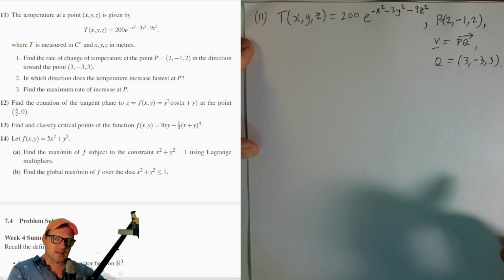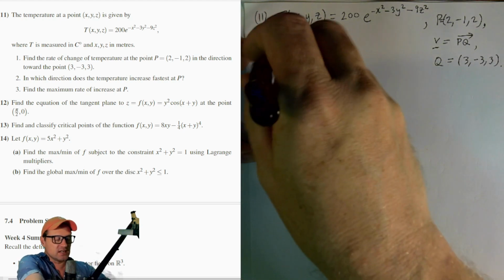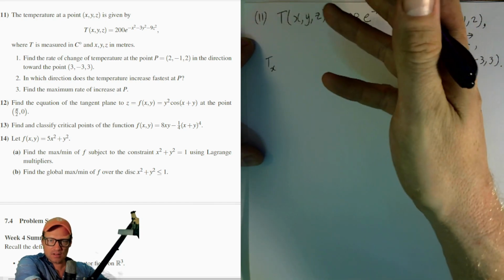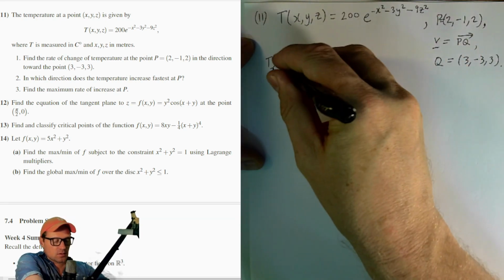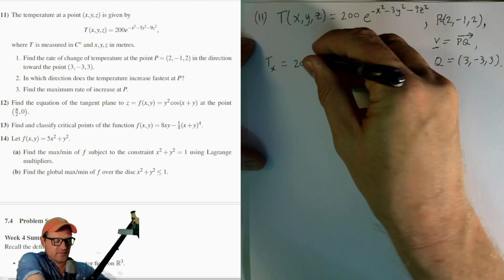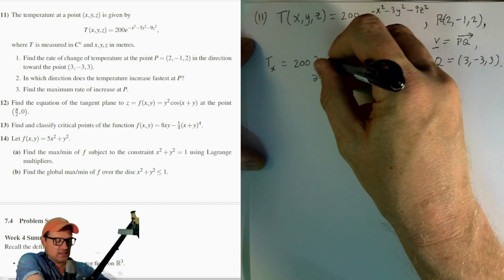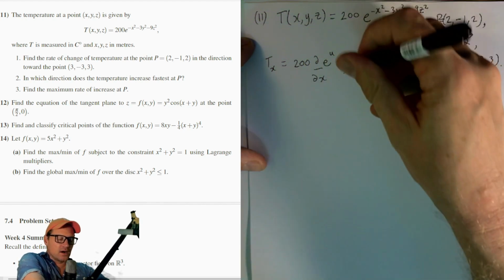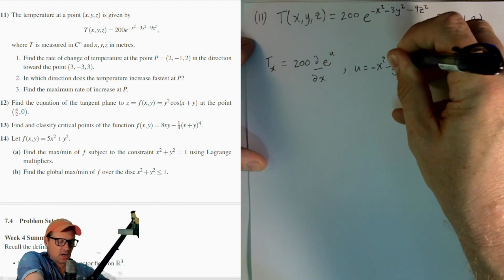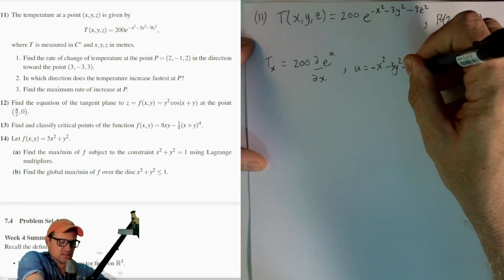Okay, so this is a directional derivative, and so we need to begin by calculating T_x, T_y, and T_z, and hence calculate grad T. So T_x is 200 times the derivative with respect to x of e to the power of u, where u is that exponent, minus x squared minus 3y squared minus 9z squared.